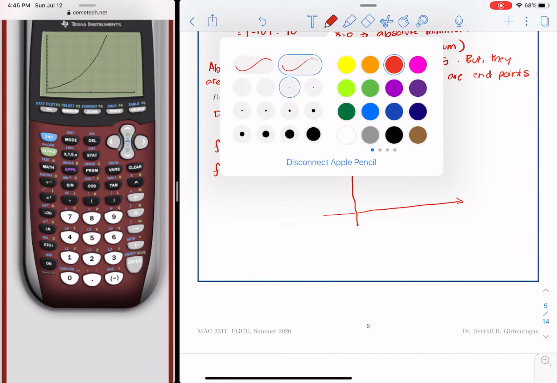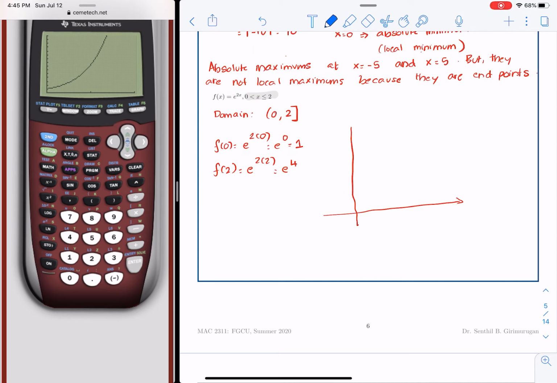Now, 0 is not included in the domain. So I'm going to put an open dot at 1. And at 2 I have e raised to 4, which is right over there. And that point is included.